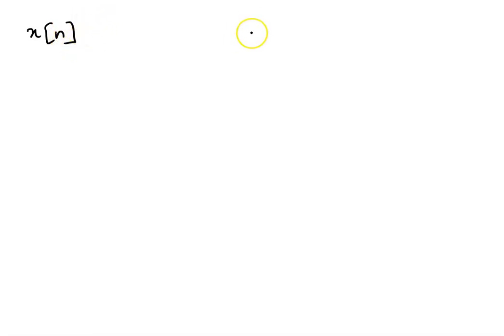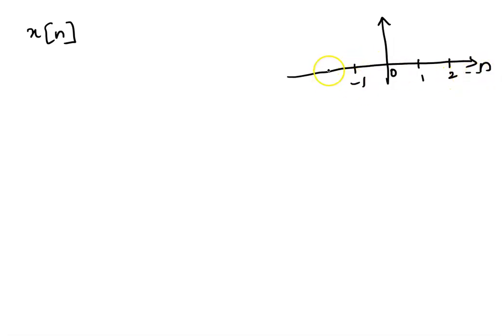Now first suppose I take an example of this given signal n, and all of us know that n only exists for integral values of time, unlike the continuous time systems which exist for all values of time. So let us try to represent this in the form of impulses.